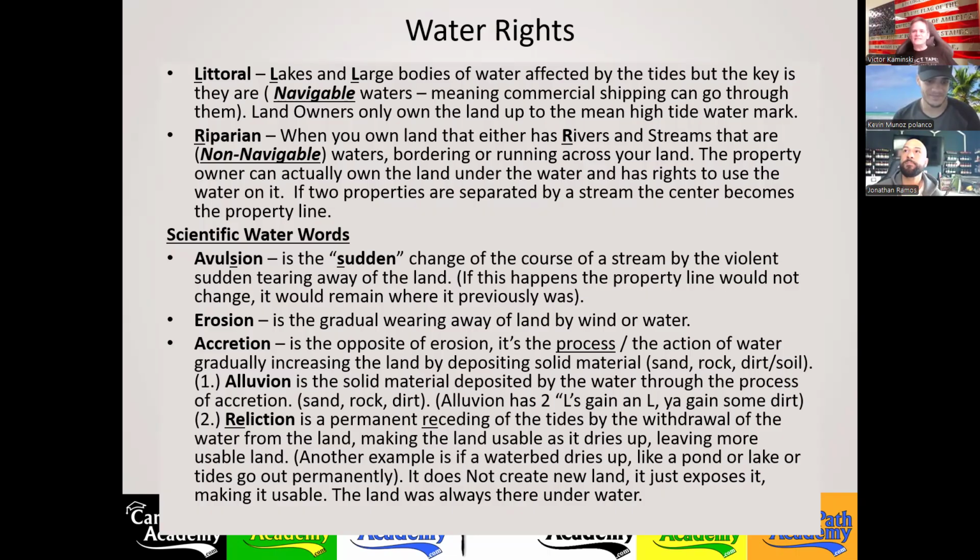So the water recedes from the land and never comes back. That's basically what it is. Or a riverbed dries up, or a pond or lake dries up for whatever reason. Maybe the water didn't recede, but it just dried up and was never replenished. The water never came back on its own, so now you have more usable land.